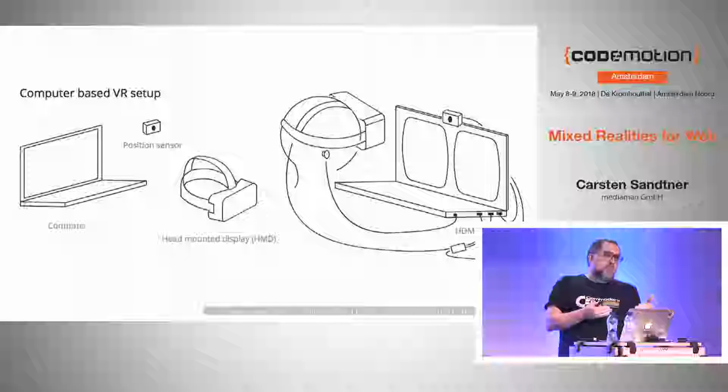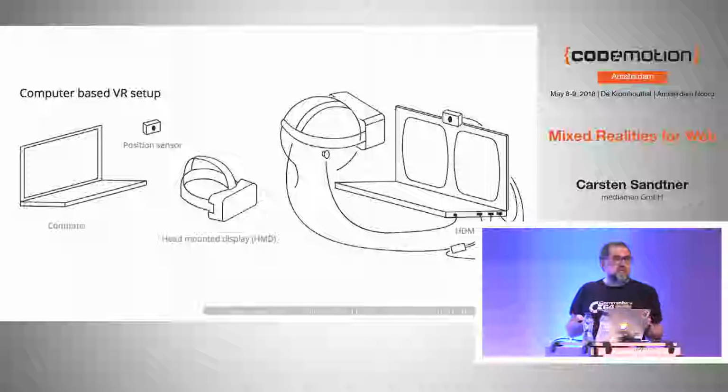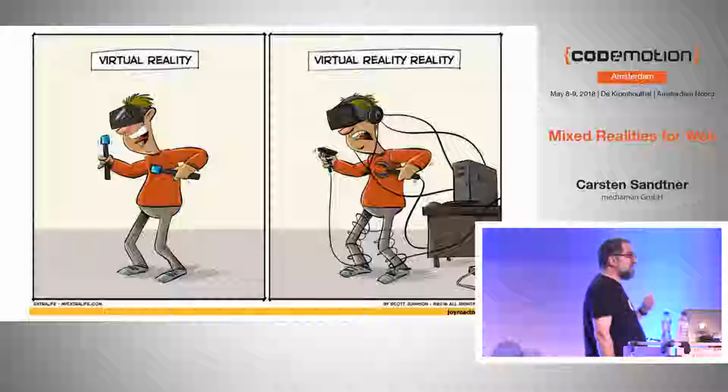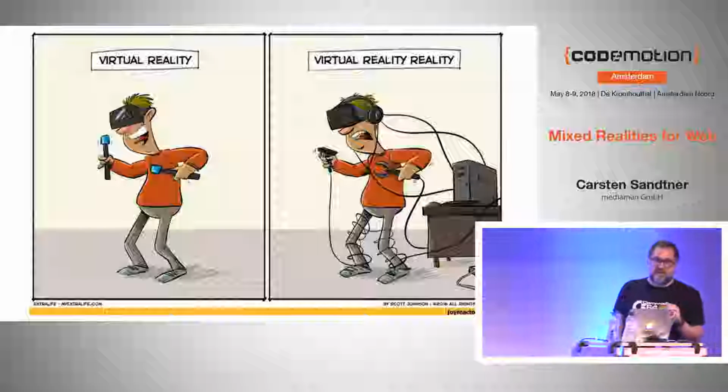So you have to power 3 displays with this 3D scene, but it's affordable. You can buy it. And the problem is you have a lot of cables, and there's something like this in virtual reality nowadays. It's getting better.